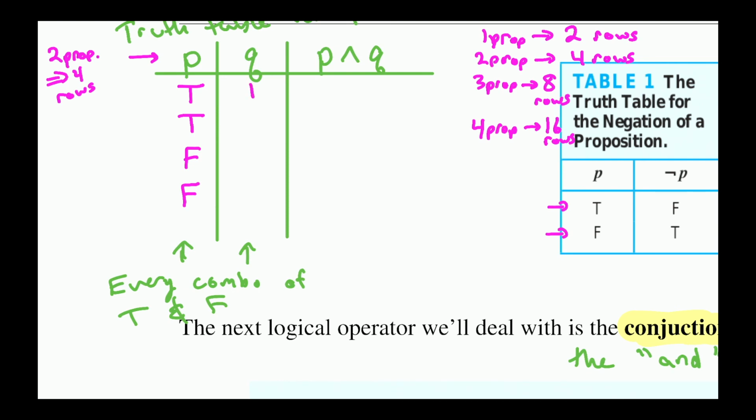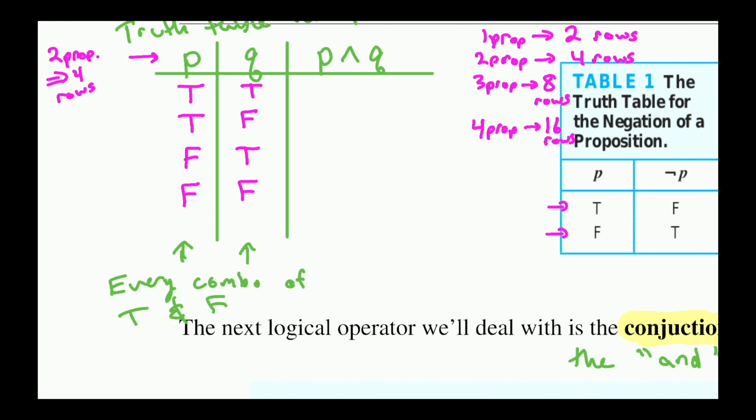But you write them this way: true, false, true, false. And if you follow this method, where we've got 2 and then 1, 1, 1, 1, that's going to get you every possible combination of true and false. If you don't believe me, you can look, right? Because we've got true, true, true, false, false, true, false, false. And that's going to be every combination of true and false that you could get from 2 different choices.